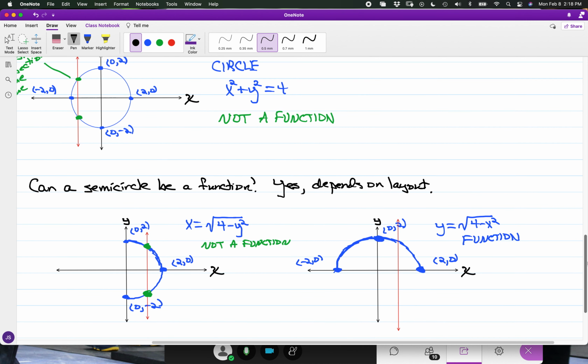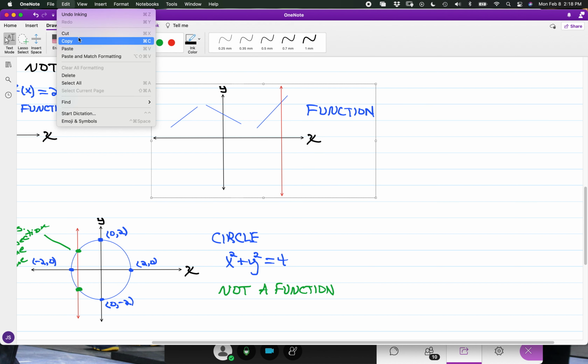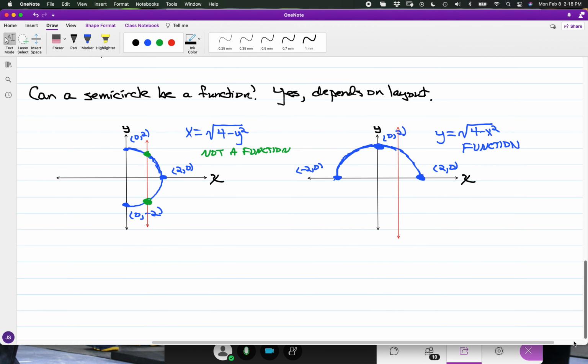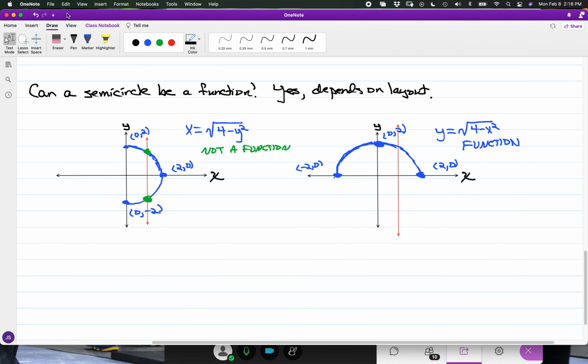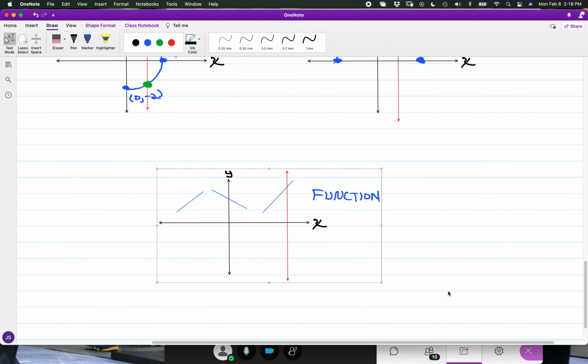And then we'll take this and use it as a separate case here, in terms of determining whether we have a function or not.